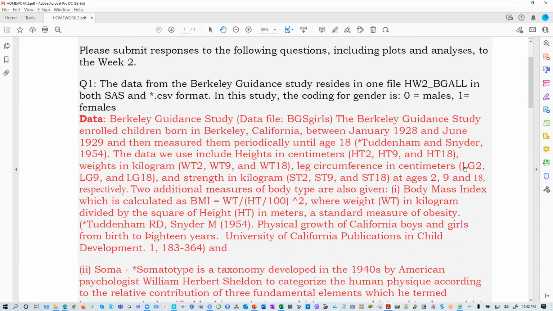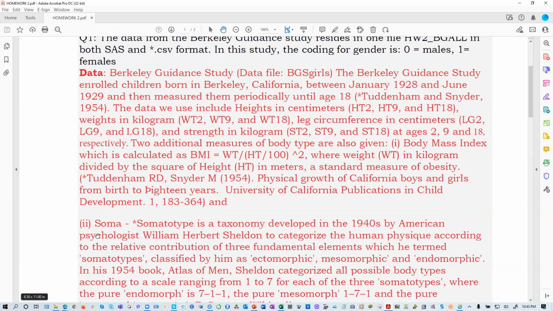Leg circumference in centimeters, LG2, LG9, LG18, and strength in kilograms, ST2, ST9, ST18, at ages 2, 9, and 18 respectively. Two additional measures of body type are also given. Body mass index, BMI, is weight in kilograms divided by the square of the height in meters, a standard measure of obesity.